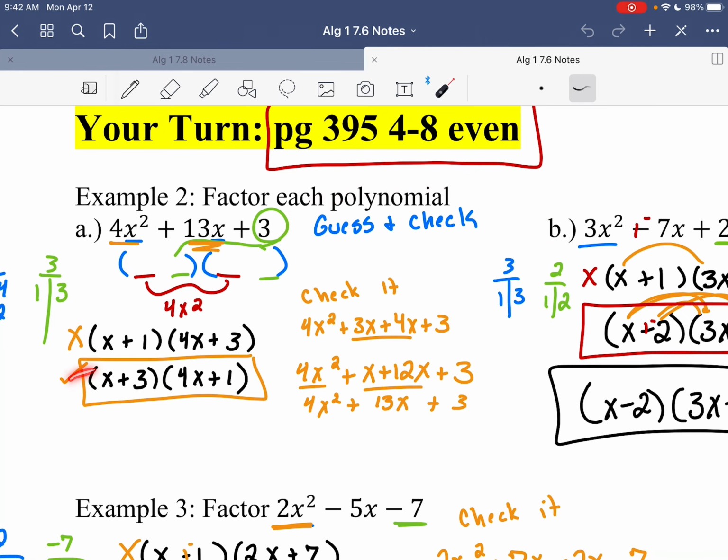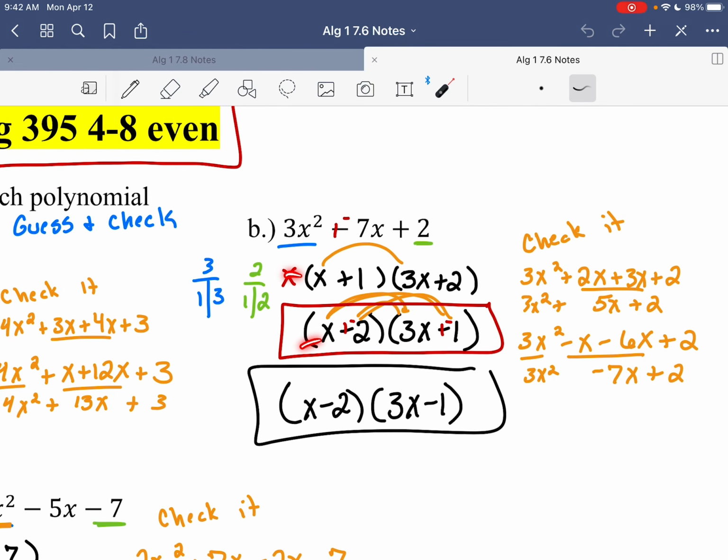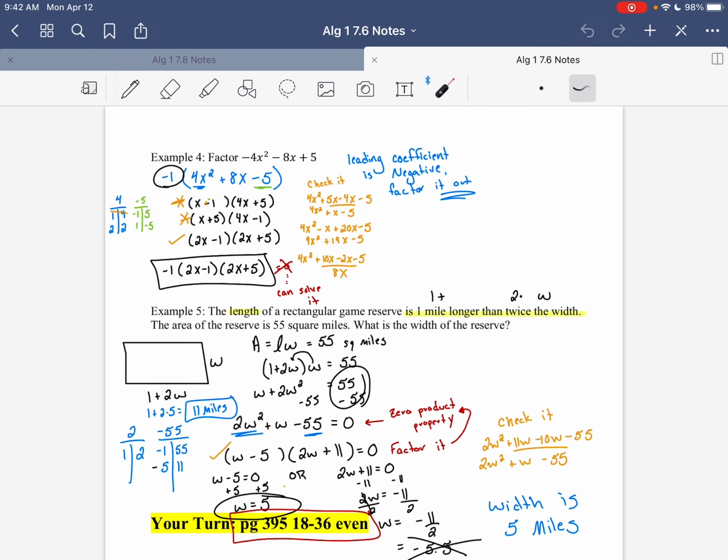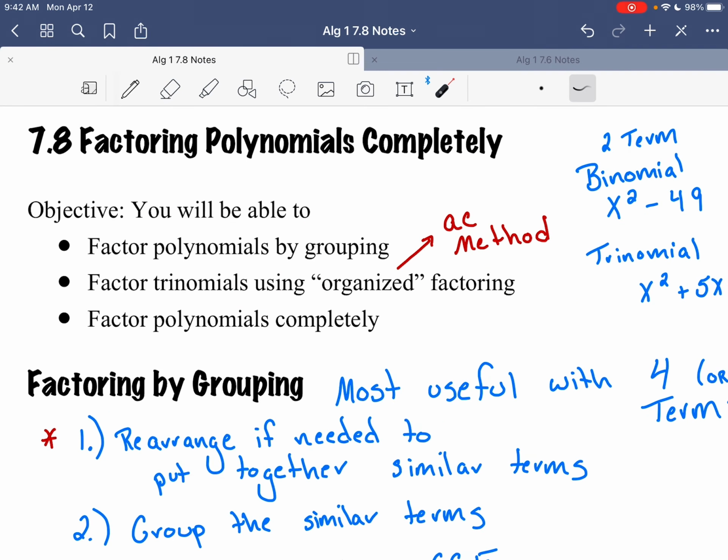Sometimes we caught it 2 in, sometimes right away, other times we had to try 3, 4, sometimes 5, 6, 7 times to find one that works. Now that we know how to factor by grouping, we're going to look at a new method that will always factor it, if it's factorable, and it doesn't involve any guessing or checking.